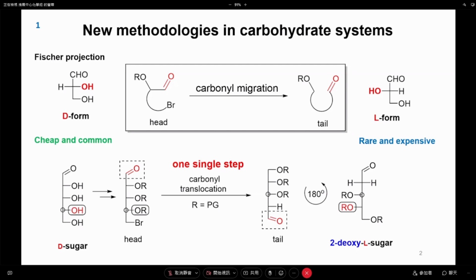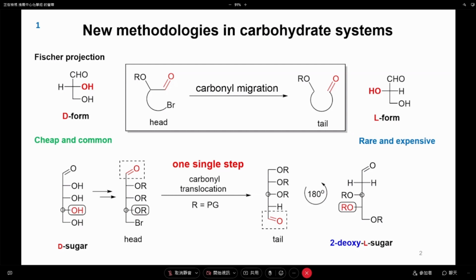For example, the Fischer projection, the hydroxyl on the right and the hydroxyl on the left.